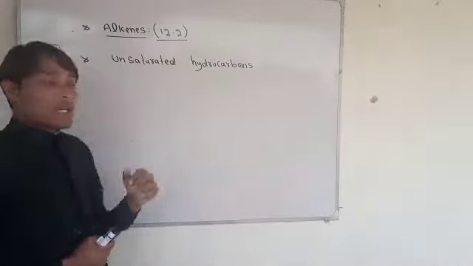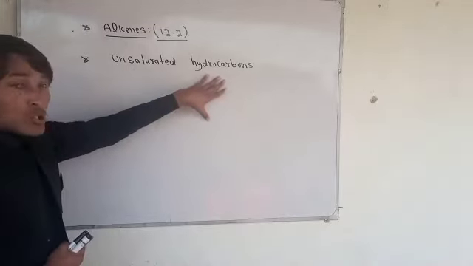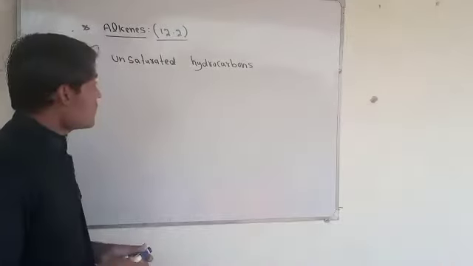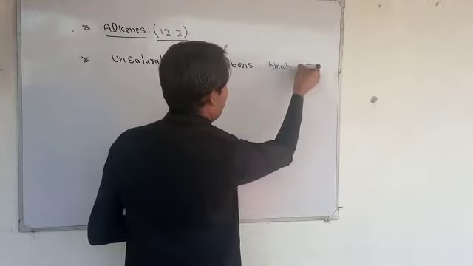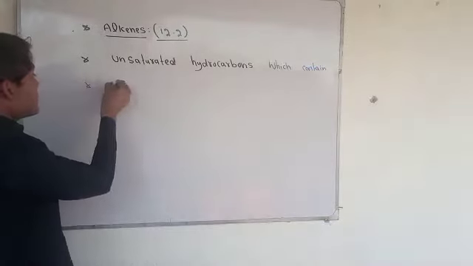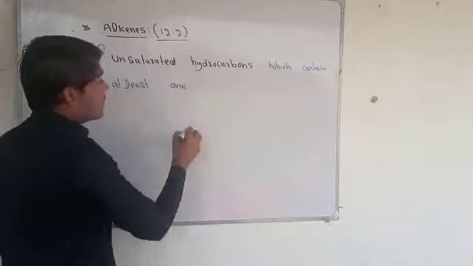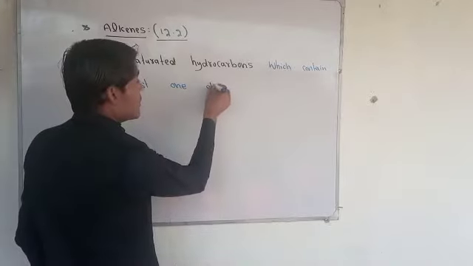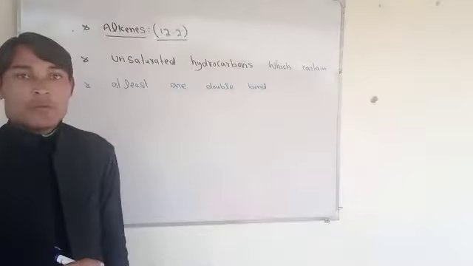But here we talk about alkenes. So the definition of alkene is that unsaturated hydrocarbons which contain at least one double bond, and the bond should be between two carbon atoms.